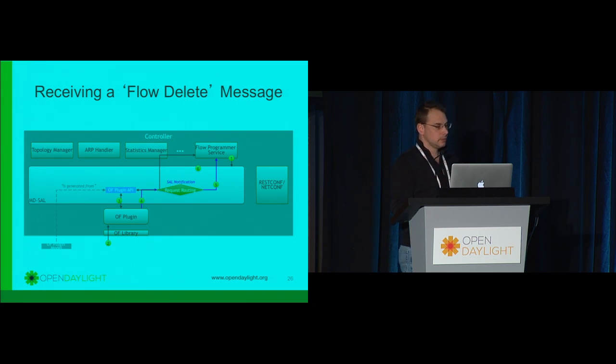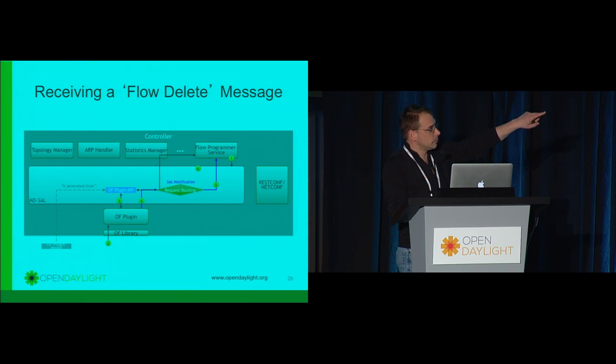So real quick, how do you receive a flow delete message through the system? A message comes into the controller, goes through the OpenFlow library and plugin, and gets punted to the plugin.